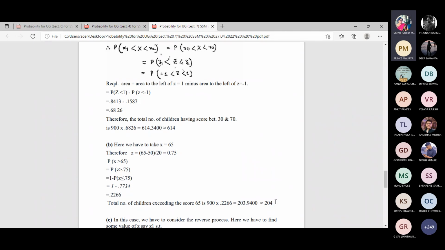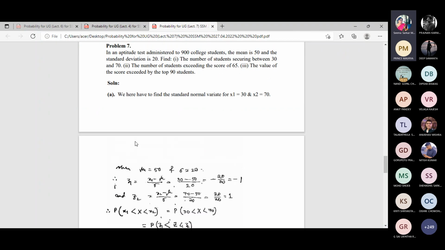Now the third case. Look at the third part. You have to find the value of the score exceeded by the top 90 students. Is it the same as part 1 and part 2? No, ma'am.